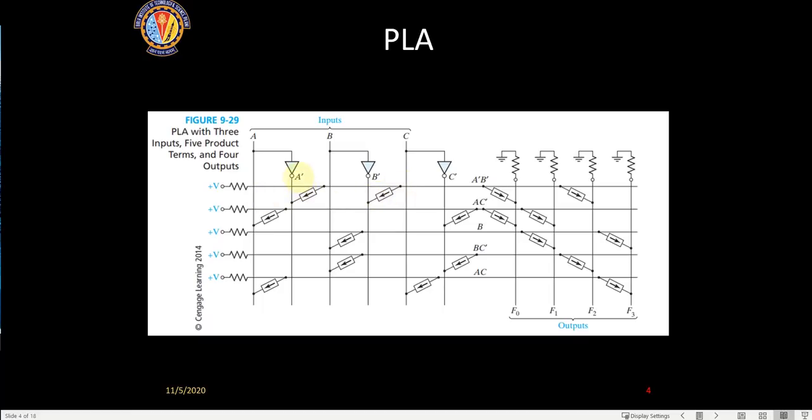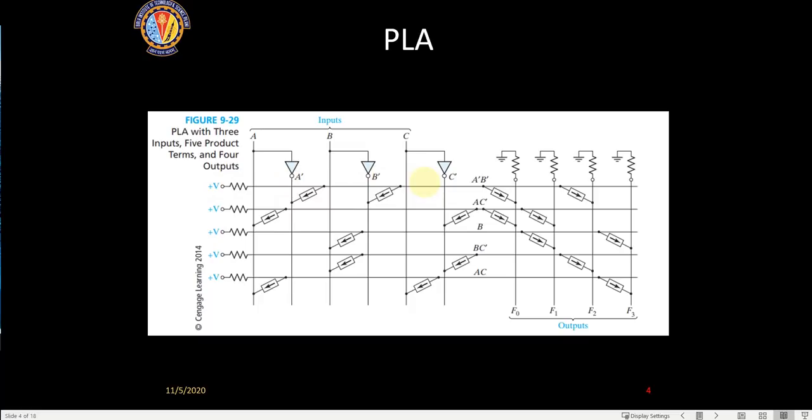Whenever either A bar or B bar goes to 0, this particular line will have a path to 0 through these diodes. If there is a path to 0, the current will flow from this V plus through this resistance to 0, and this line will be forced to 0.